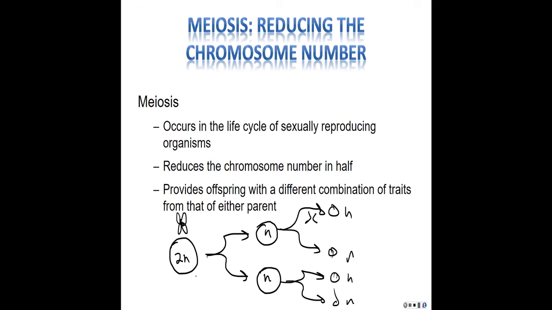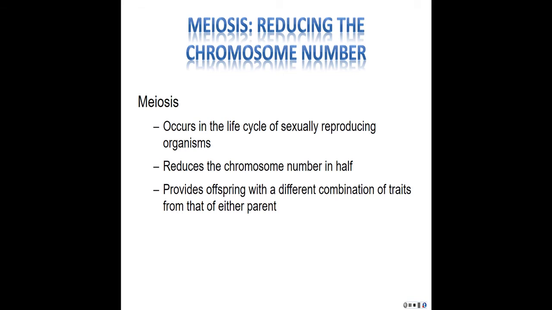In the 2N cell going to the N cell, the homologs are going to separate. So the pair of homologs separates. If this is confusing, it's because I haven't shown you the rest of the slides. That's just a very brief overview.